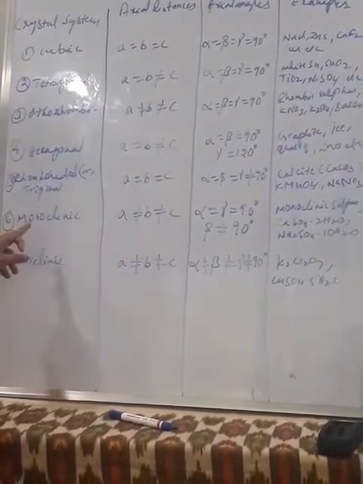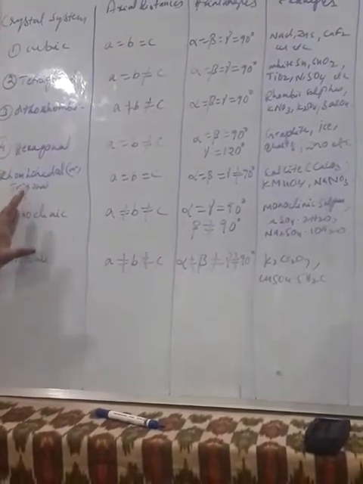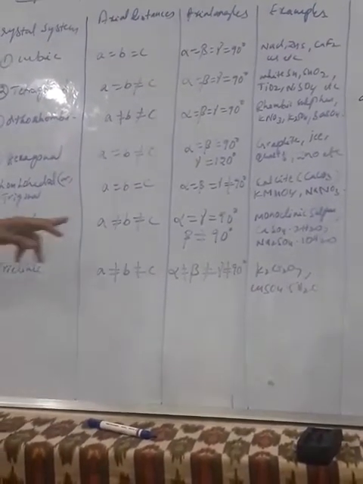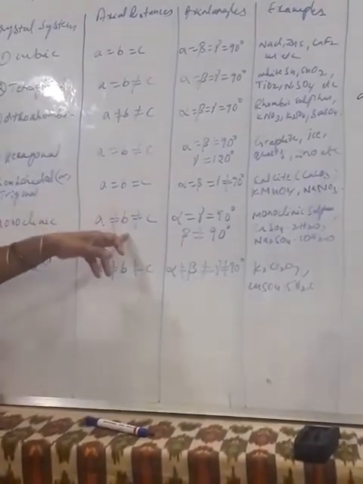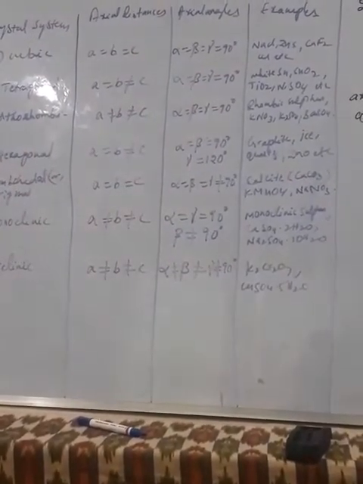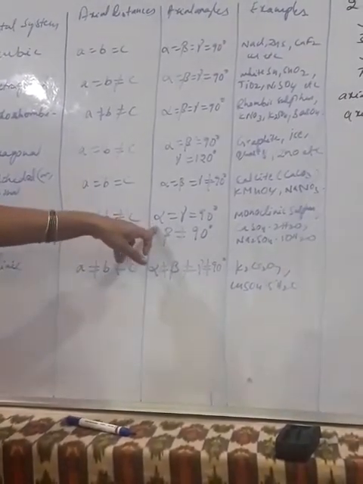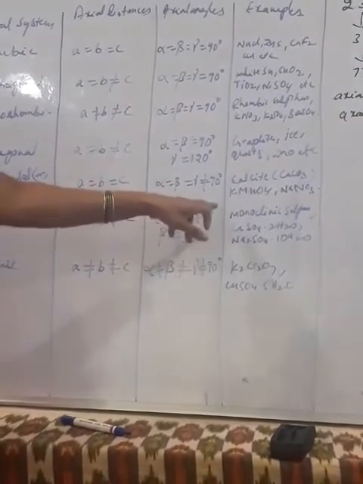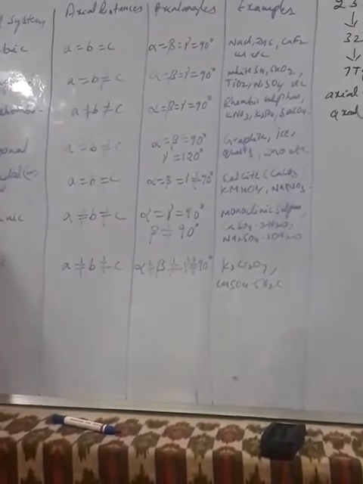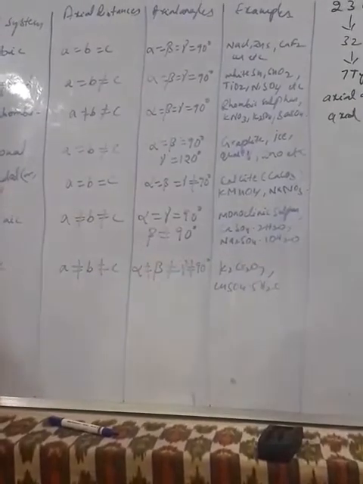Next, monoclinic. Here in monoclinic, coming to axial distances, a is not equal to b, b is not equal to c, so all the axial distances are not equal. Then alpha equal to gamma, which is equal to 90 degrees, but beta is not equal to 90 degrees.